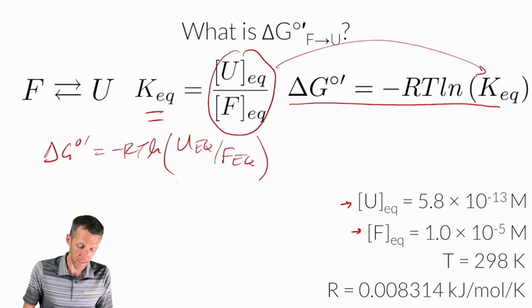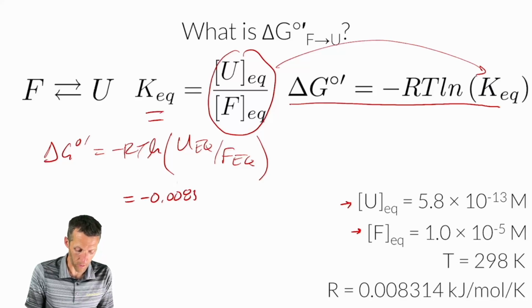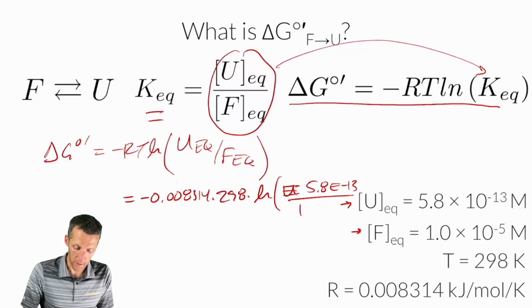And then I can just substitute in numbers, right? That equals minus 0.008314 times 298 times the log of, whoops, I should write in the number, 5.8 E minus 13 over 1.0 E minus 5. Okay?